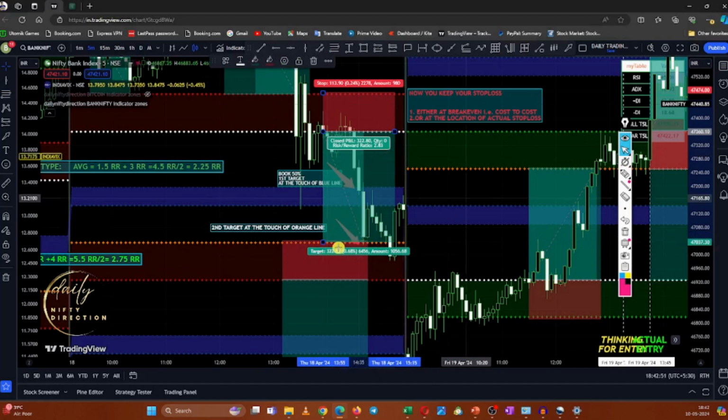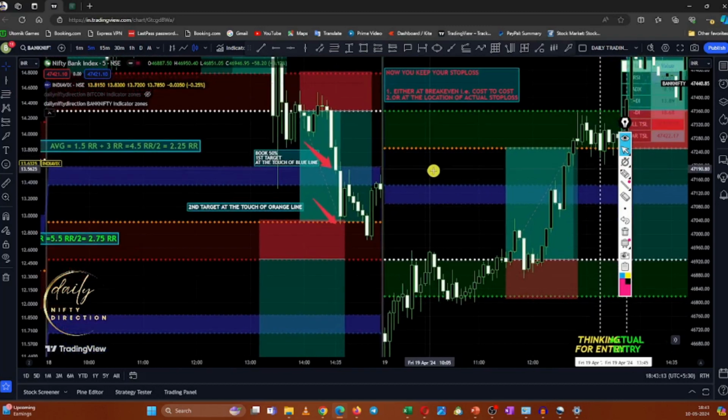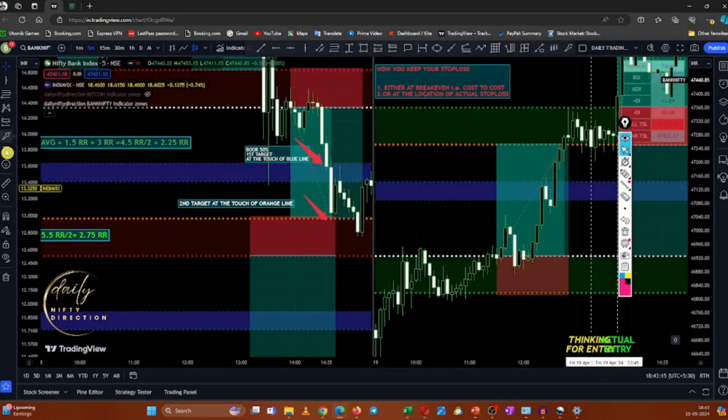So for calculating the average, there is a formula that you will add the quantities and divide it by the number of quantities, the averaging formula. I am writing it here so that you can understand.